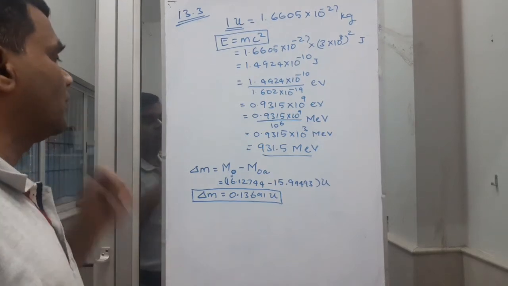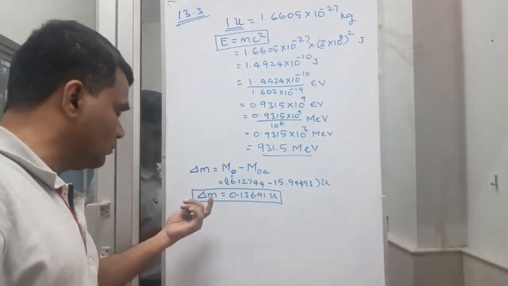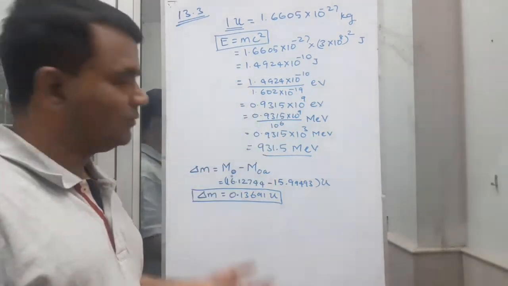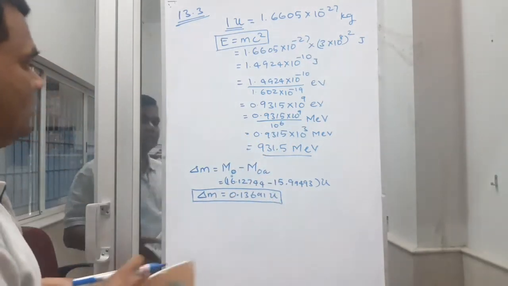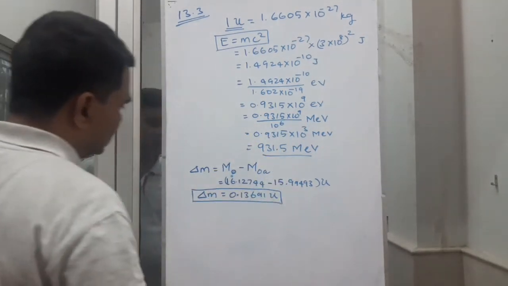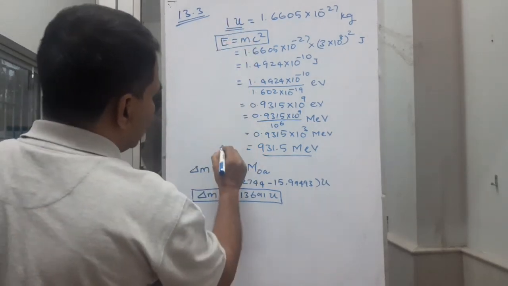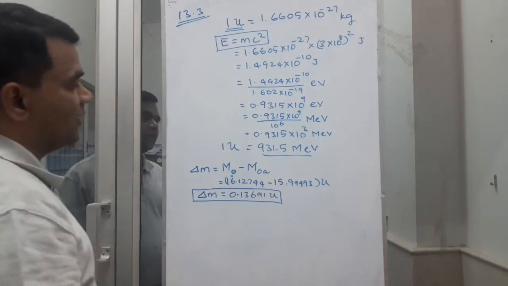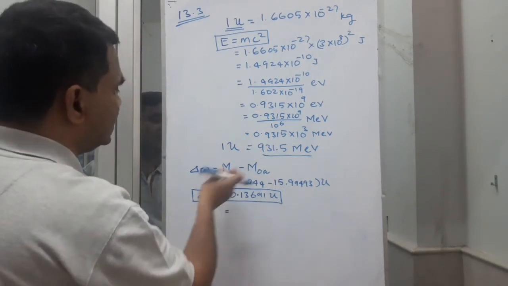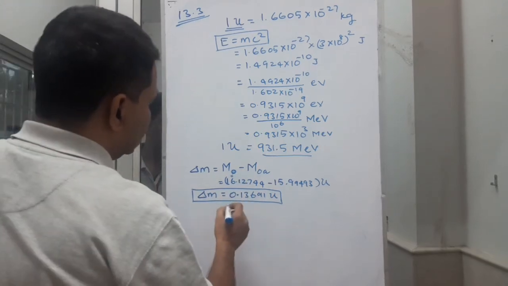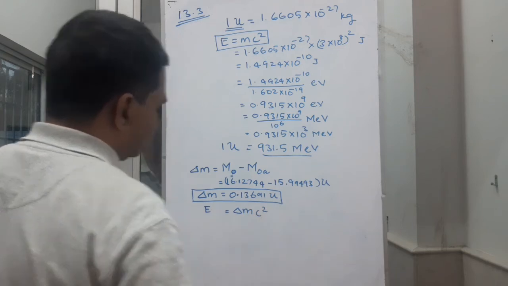So what do you know? If I convert that into energy fully, then how many mega electron volts will I get? That's the question. For one u, it's equal to 931.5. So the energy contained in this is equal to delta M c squared, right?